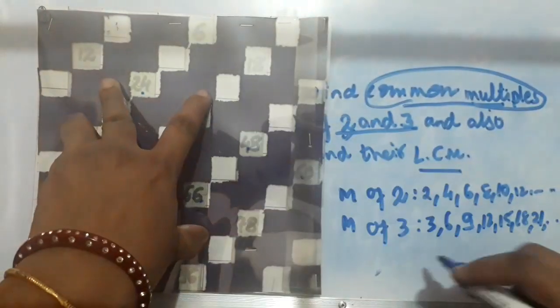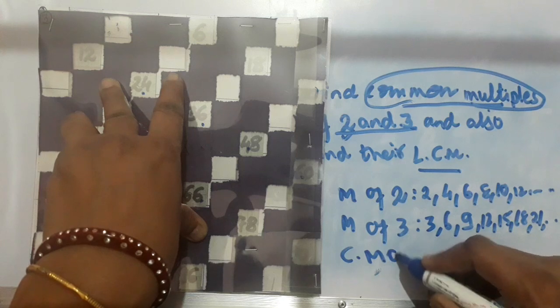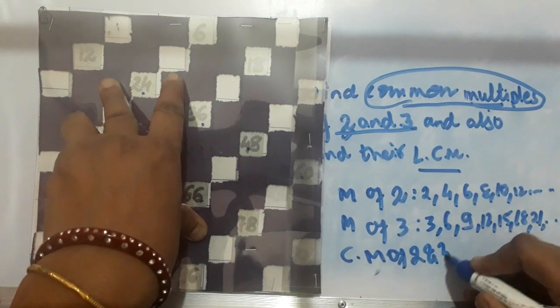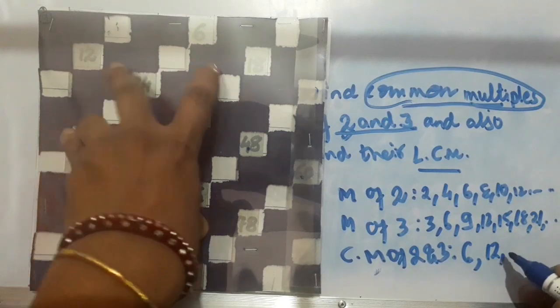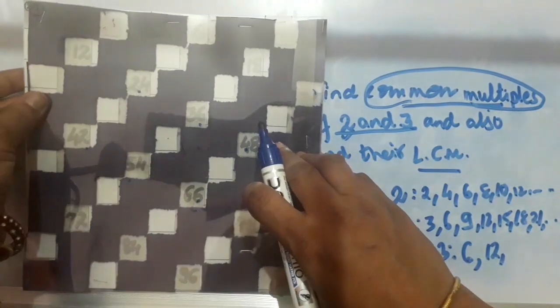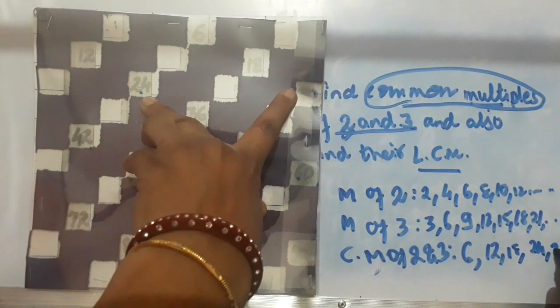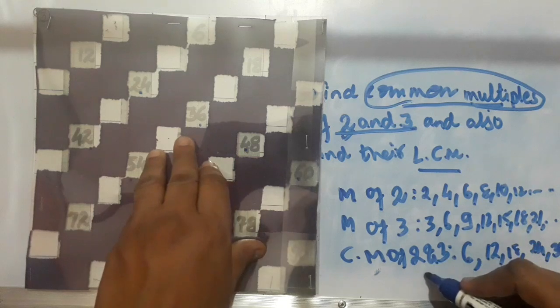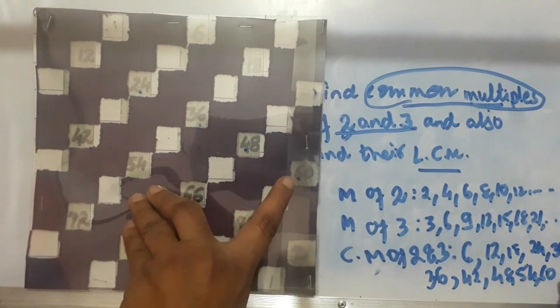are the common multiples of 2 and 3. They are 6, 12, 18, 24, 30, 36, 42, 48, 54, 60 and so on.